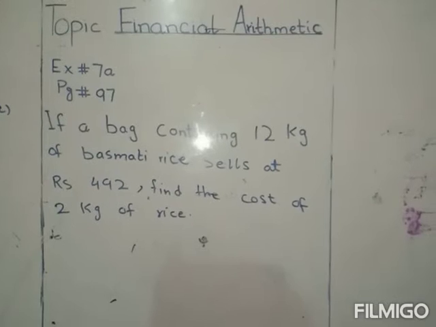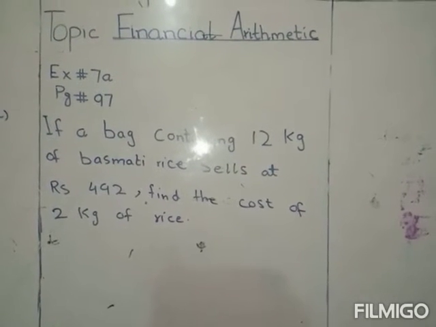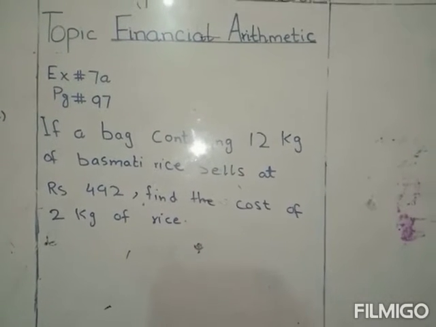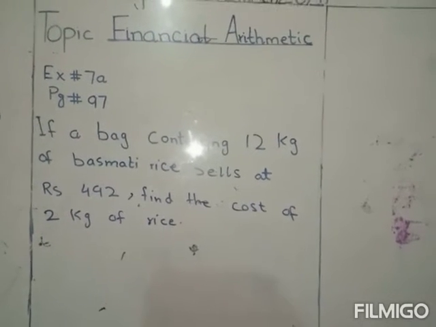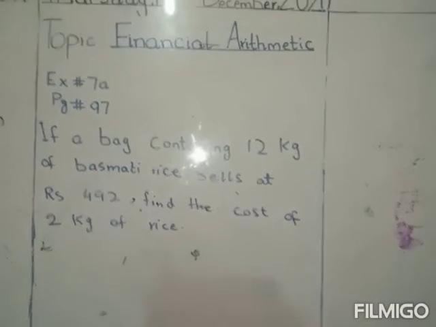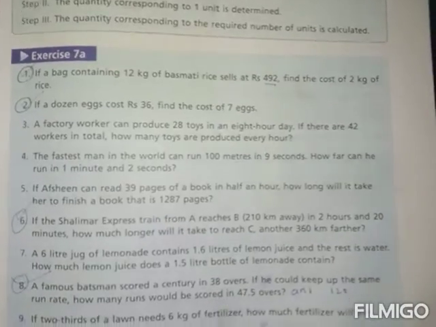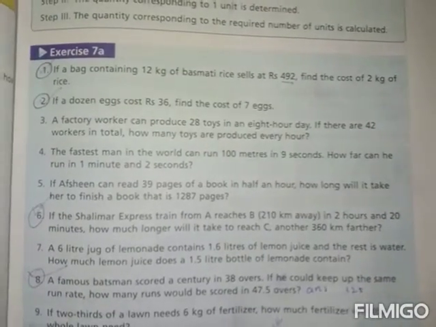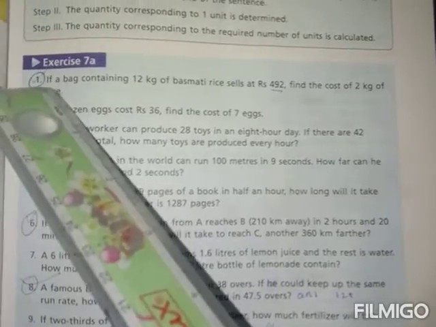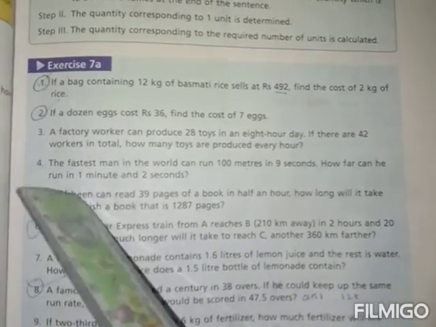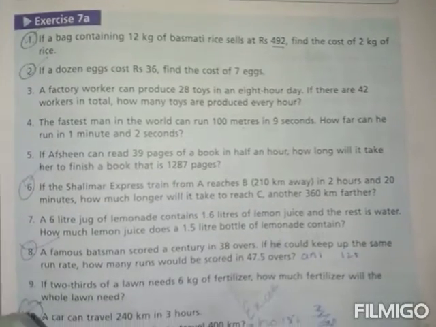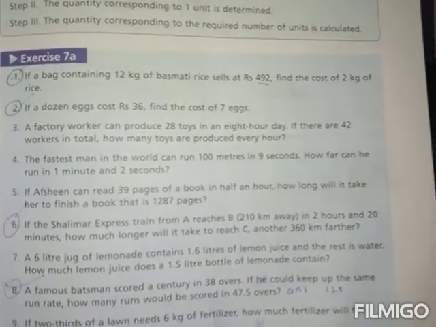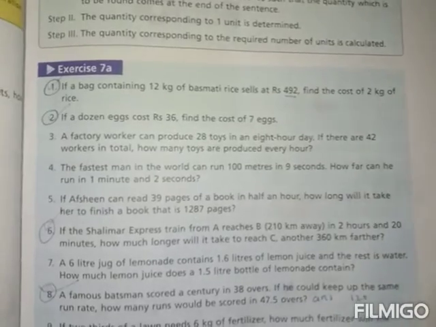If a bag containing 12 kg of basmati rice sells at rupees 492, find the cost of 2 kg of rice. First of all, students, only a few parts of this exercise are included: question number 1, 2, 6 and 10 of exercise number 7a.